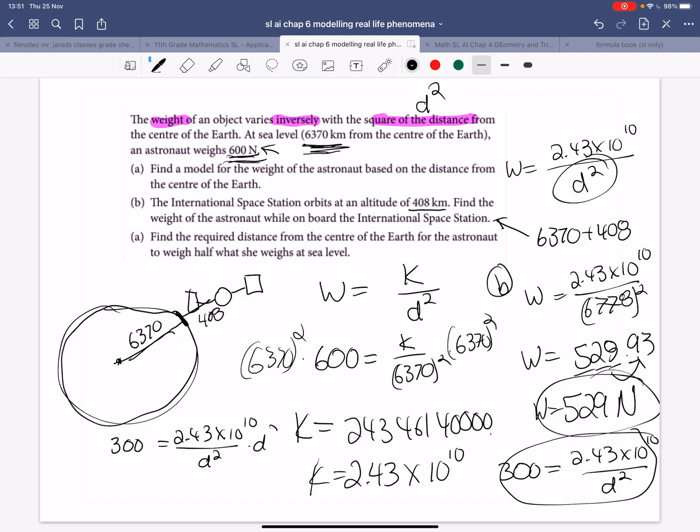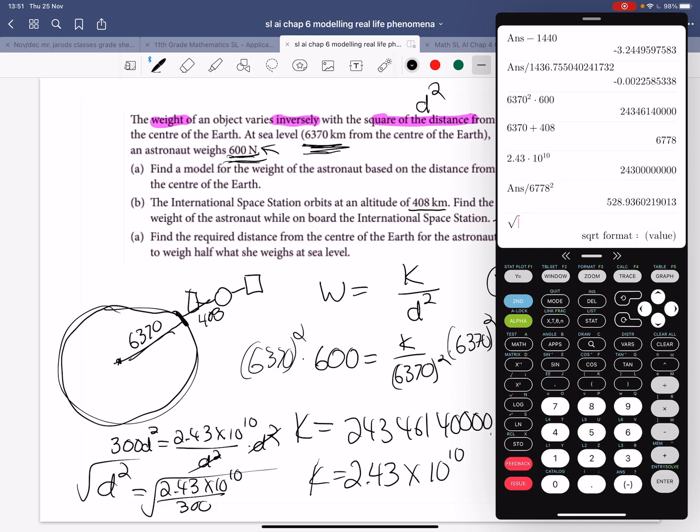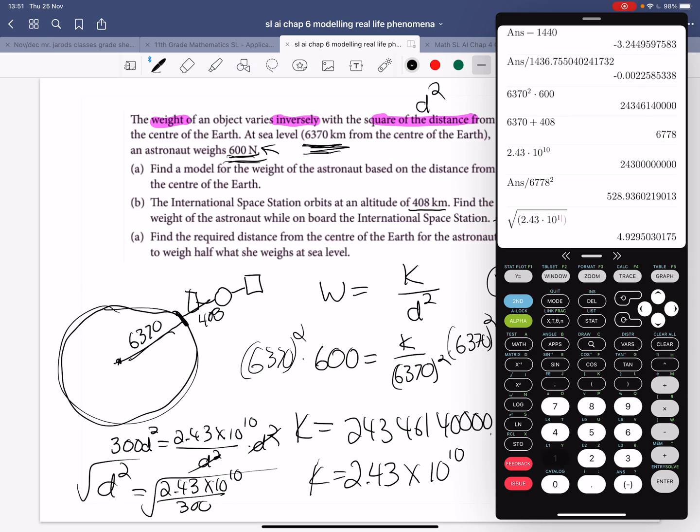I'm going to multiply both sides by d squared, so I get 300d squared. And then I'm going to divide by 300, and I get d squared equals 2.43 times 10 to the 10th divided by 300. Square root. Punch this into the calculator. Second square root, not squared. In brackets, 2.43 times 10 to the 10th.